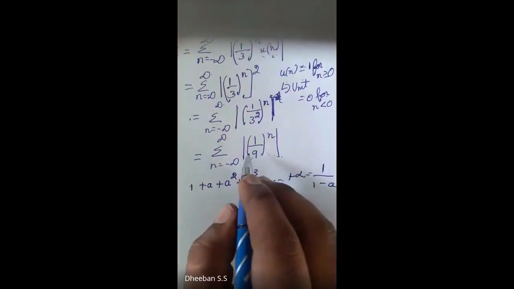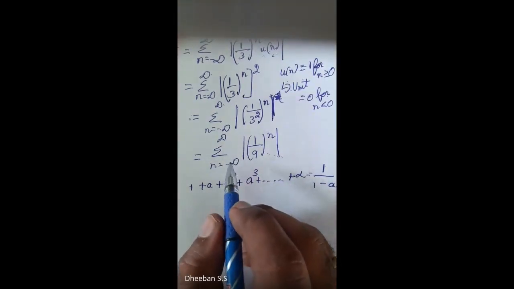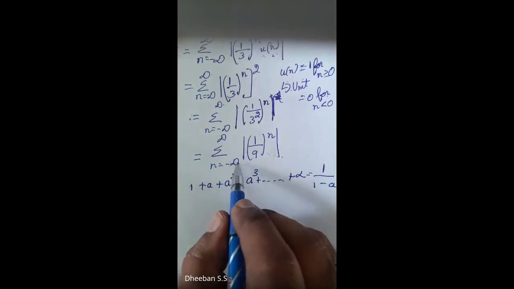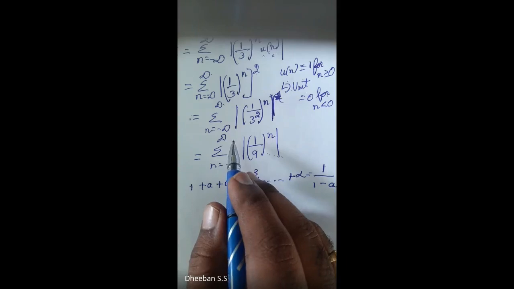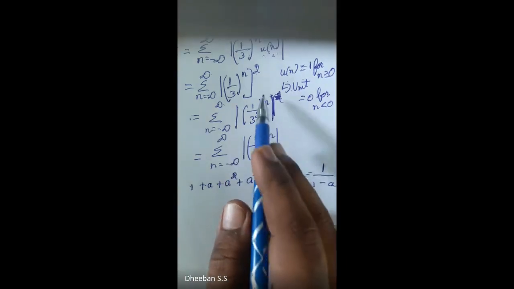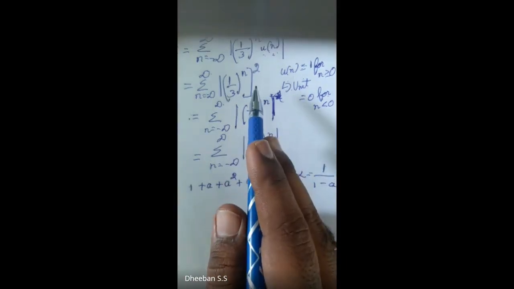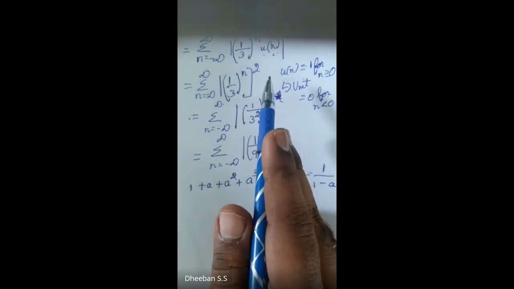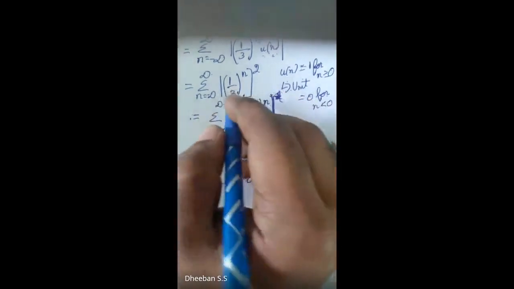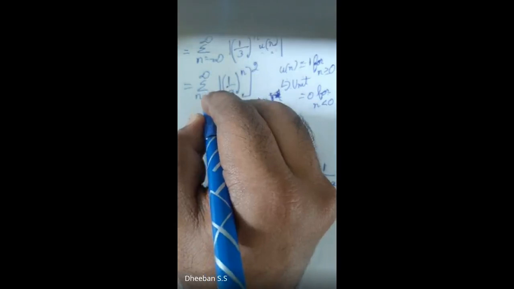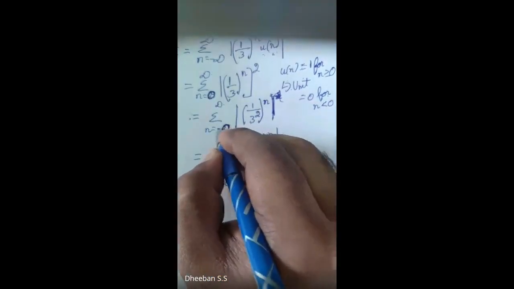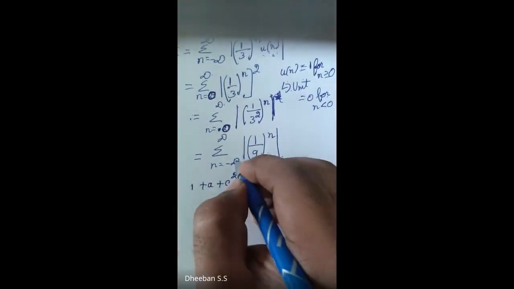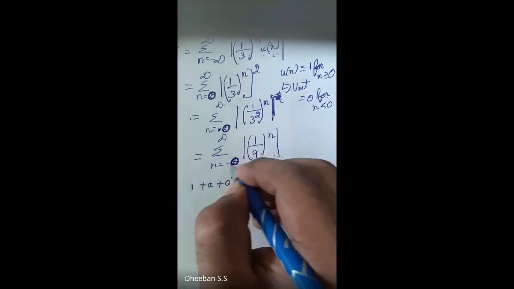Here you have to convert this into 0 to infinity. As you know, u of n is zero for negative n, so this becomes 0 to infinity.